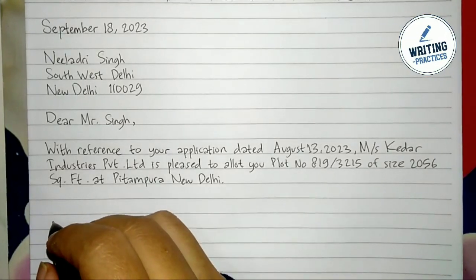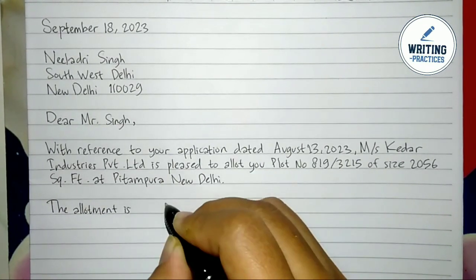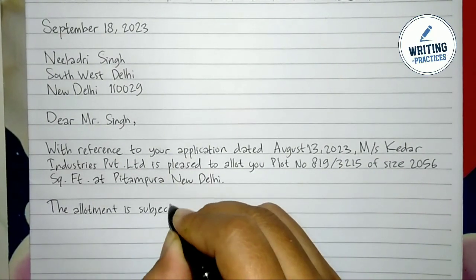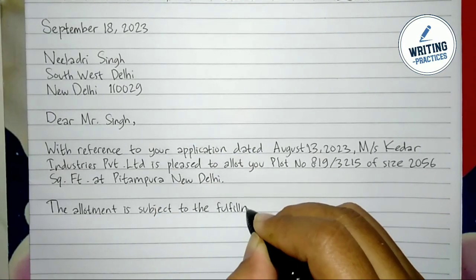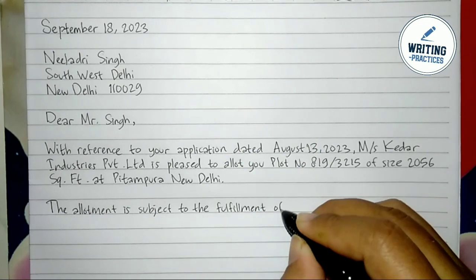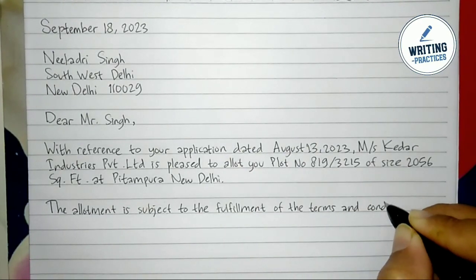In the second paragraph, write the function of this allotment letter. In this example, allotment is subject to the fulfillment of the terms and conditions which have been attached herewith.